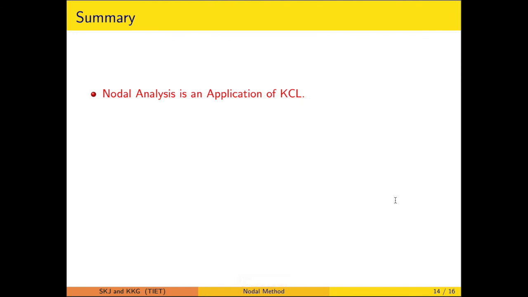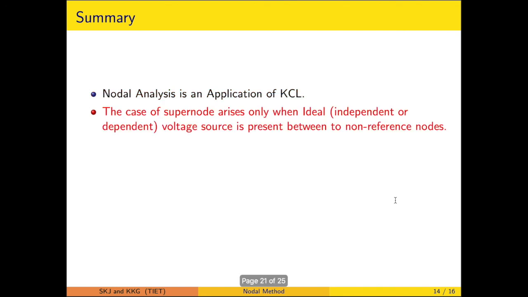Now as a summary, nodal analysis is an application of KCL. A supernode arises only when an ideal independent or dependent voltage source is present between two non-reference nodes. Here, ideal means it is only a voltage source without any series resistance.